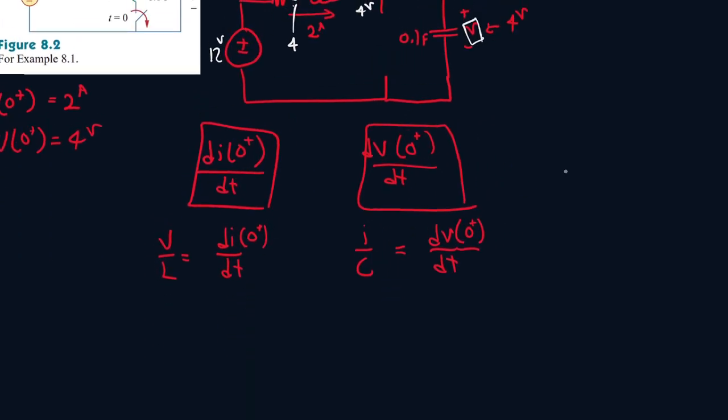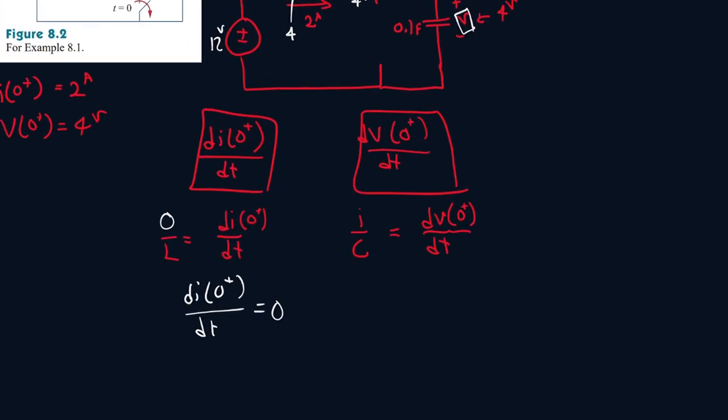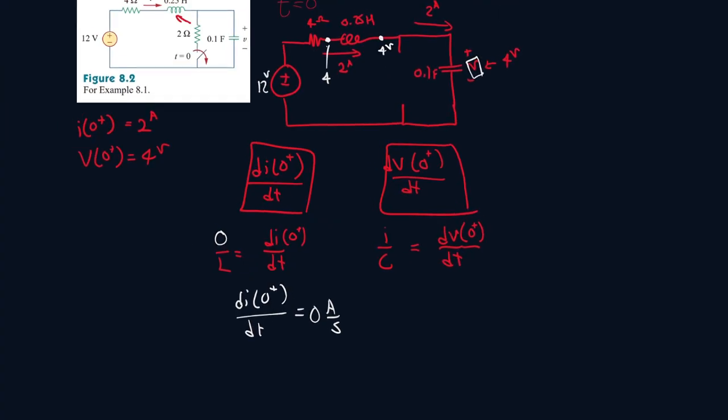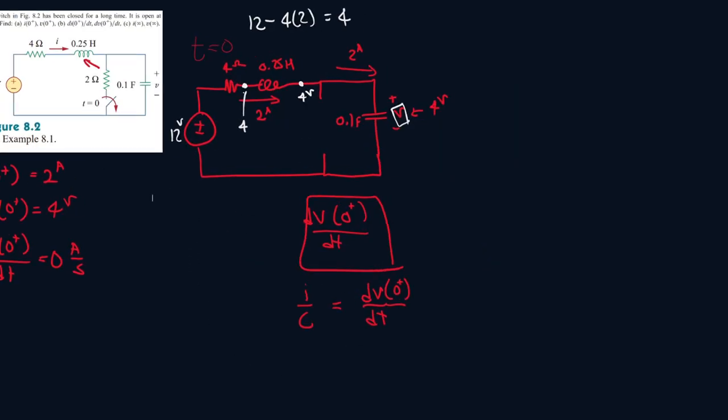So that means this will be 0, and that means di of 0 plus over dt is 0. It'll be 0 amps per second, okay? So that's what we're going to put here. There we go. Now, that part's done.